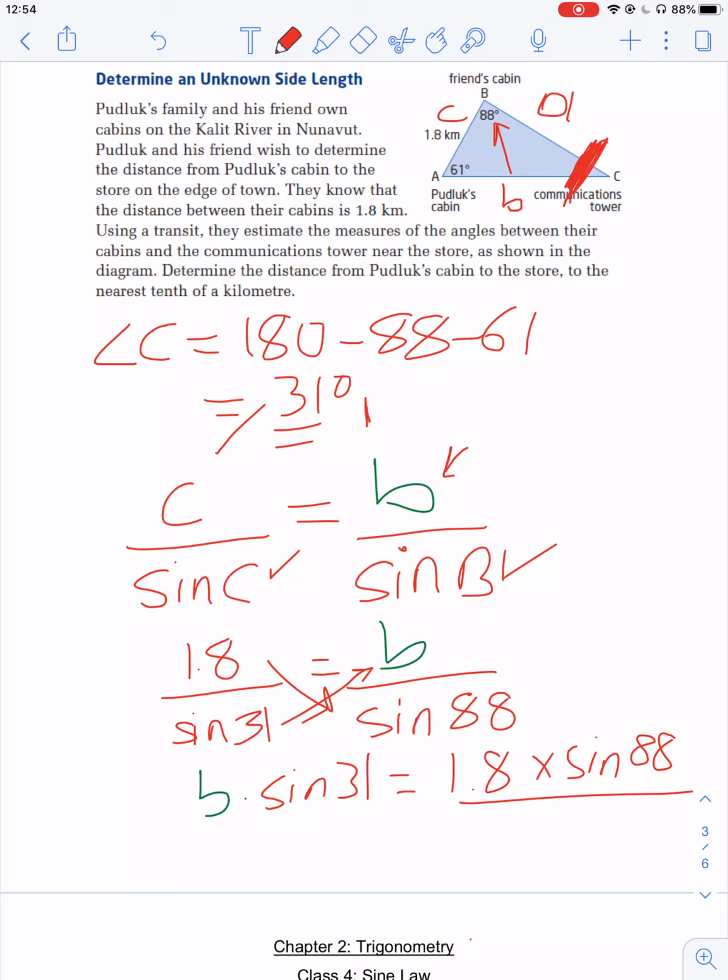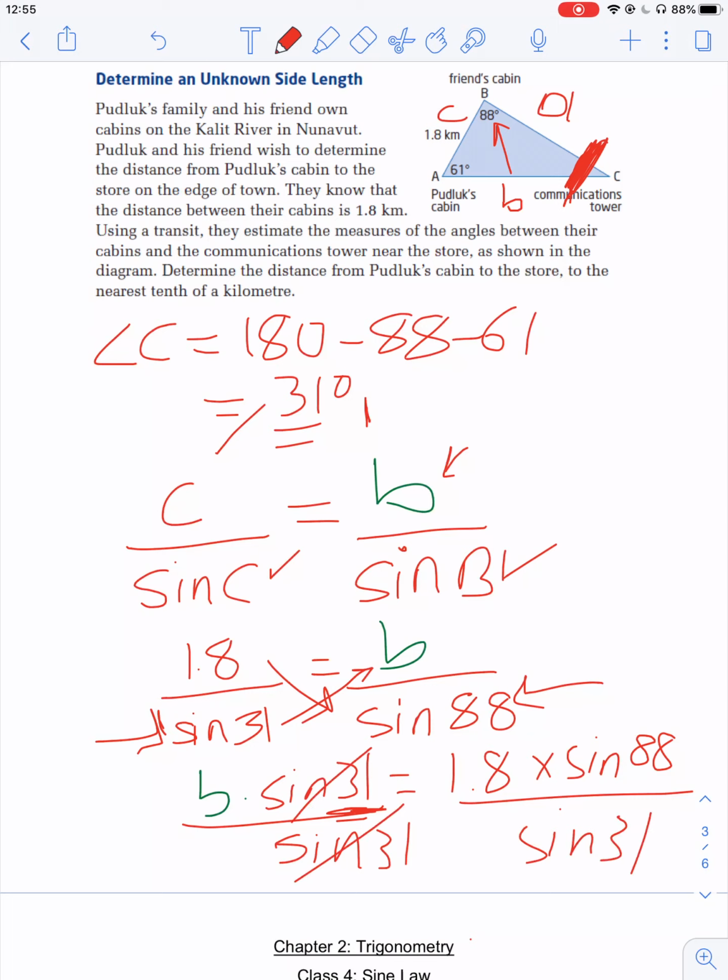Now, you can change the sine values to decimals from the get-go if you want, right? And deal with the decimals. I'm just gonna treat sine of an angle just like a number. So to solve for b, it's b times sine of 31, then I need to divide by sine of 31 on both sides, right? So if I divide this by sine of 31, then this will just cancel, okay?